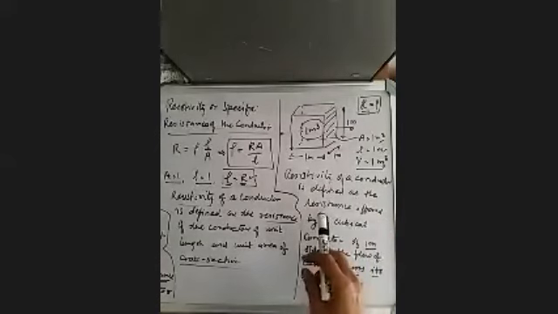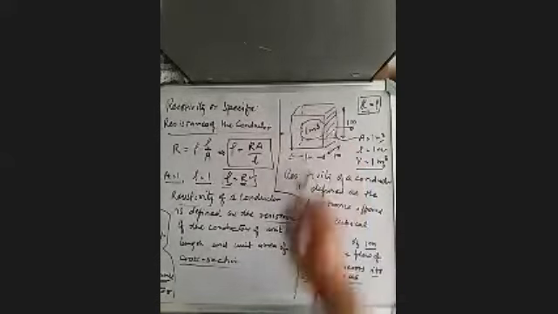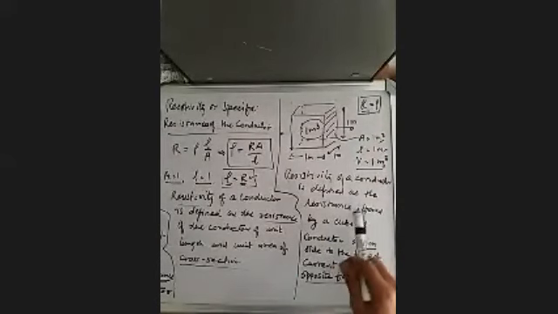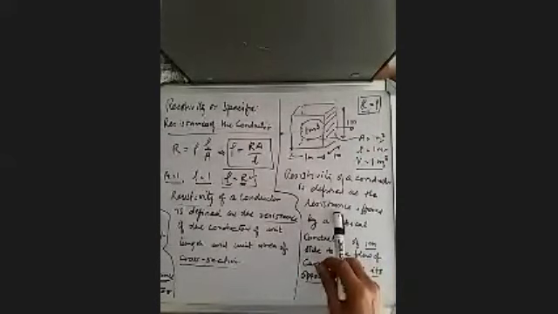So resistivity of a conductor is defined as the resistance offered by a cubical conductor. So this is a cubical conductor because its shape is cubical, whose each side is 1 meter in length. And whatever resistance it offers to the flow of current is called its resistivity.